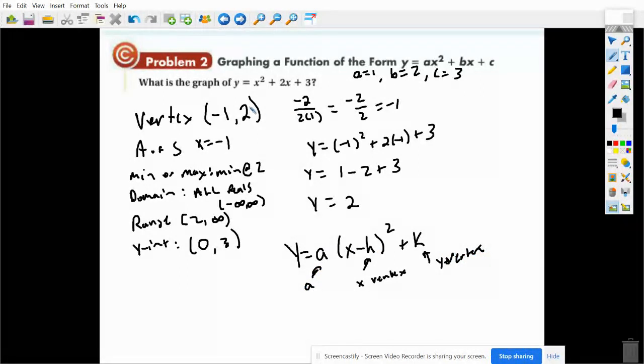It's the same a as the original, so this would just be y equals a, which is 1, you can put it, you don't have to, times (x minus negative 1), which turns into x plus 1, squared plus 2. So to go from standard form to vertex form, it's actually a little bit simpler. I'm going to give you a problem where we go from vertex form to standard form. That's a little bit more difficult.